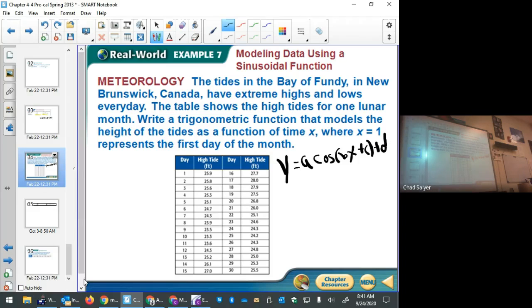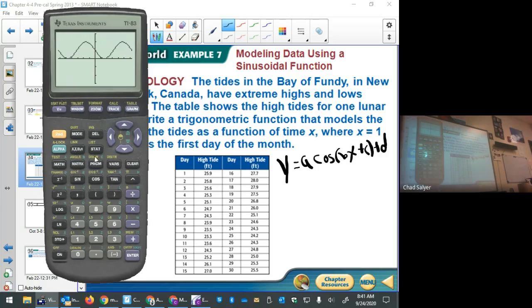So if we put this data in our calculator, so stat, edit, clear out whatever's in there, and prepare to punch buttons for a hot minute. So it's 1 through 30. Careful not to make mistakes, or you're just going to start over, and that's a whole lot worse than taking your time.